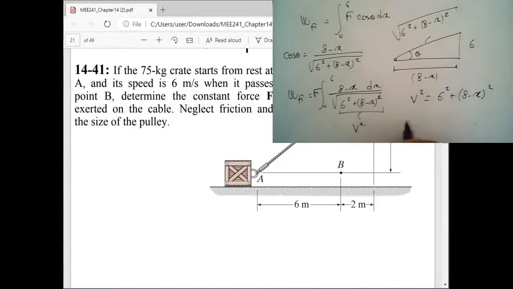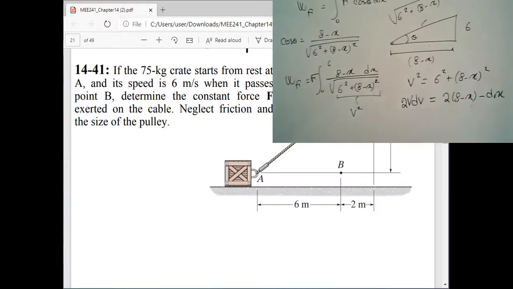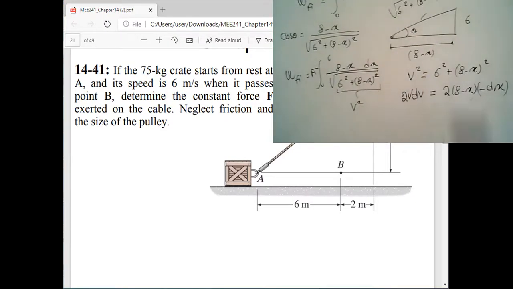If I differentiate this guy, I end up with 2v dv, right? And if I differentiate the other side, what am I going to end up with? 2 times 8 minus x, multiplied by minus dx.